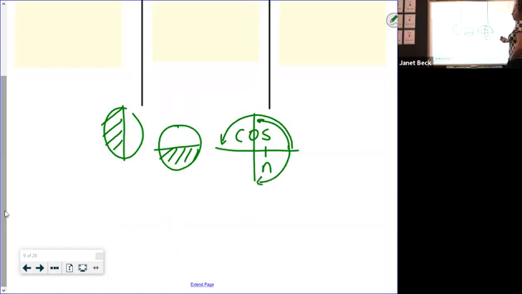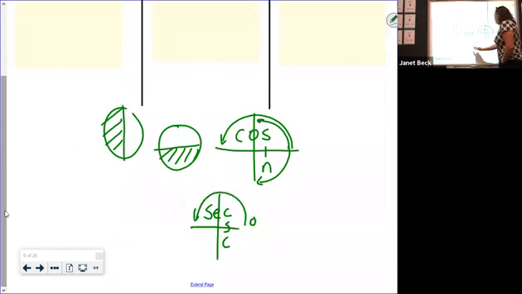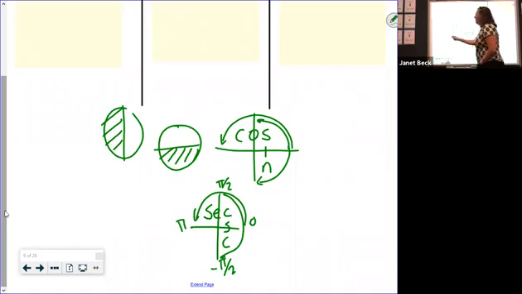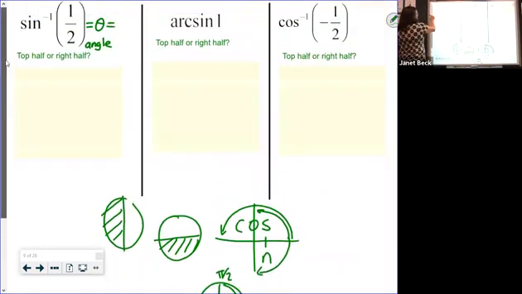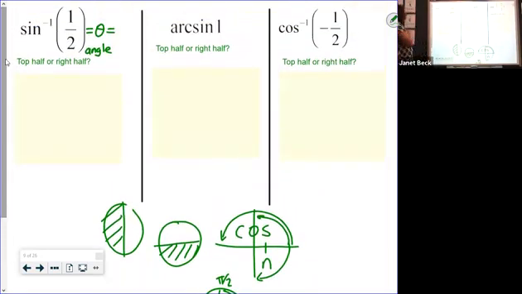That's a way to remember which ones go which. And that also works with secant and cosecant. Secant uses the top half from 0 to pi. Cosecant goes from negative pi over 2 to pi over 2, the right half. Okay? Right. So when we get a question, this is the first thing we do.